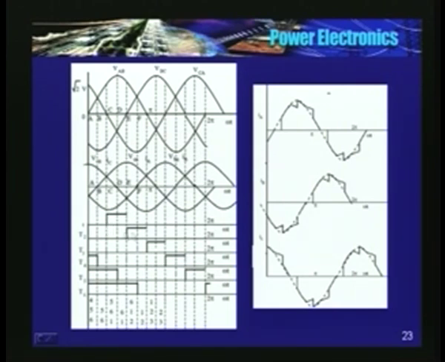That is T1, T2, T3, T4, T5, T6. Now, if you see in this figure, at omega t is equal to 0, T4 is getting a trigger pulse, T5 is getting a trigger pulse, T6 is getting a trigger pulse.